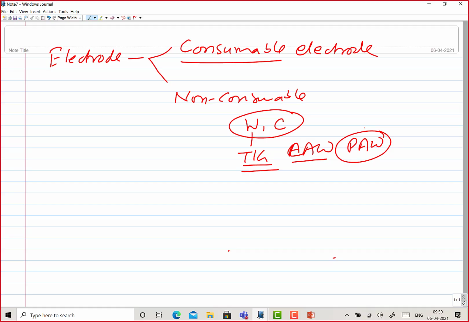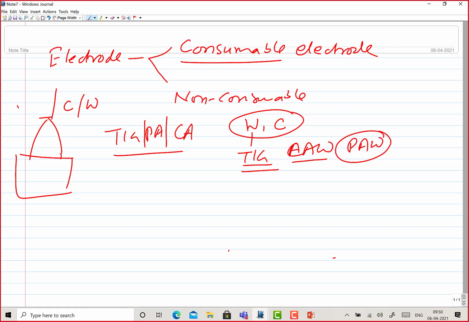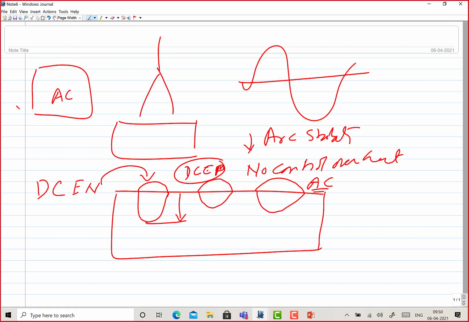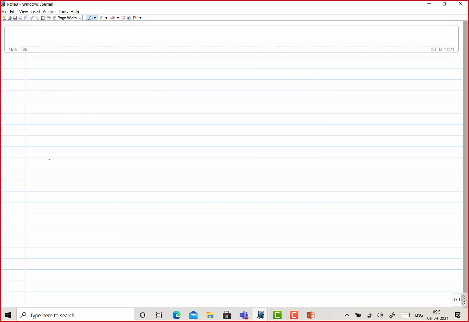They help to strike the arc between the base metal and the electrode, whether it is carbon or tungsten, in TIG, plasma or carbon arc. These are used primarily to strike the arc. If you want to have filler metal, it has to be fed in the arc zone only.